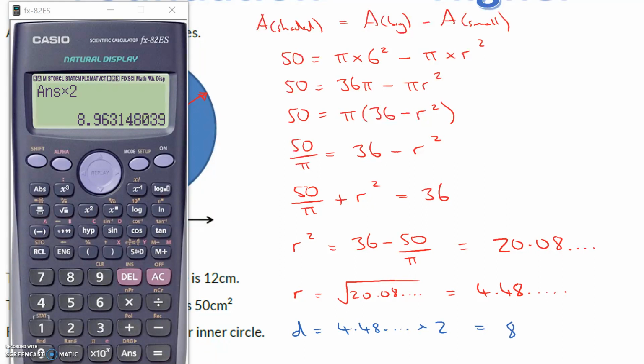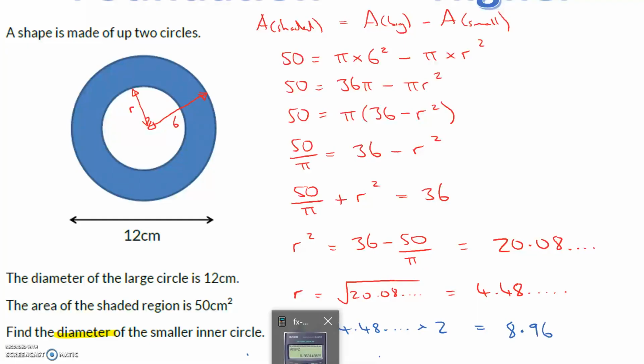Okay, we've got 8.96. And that's in centimeters. 8.96 centimeters. Okay, now is that a reasonable number of significant figures?